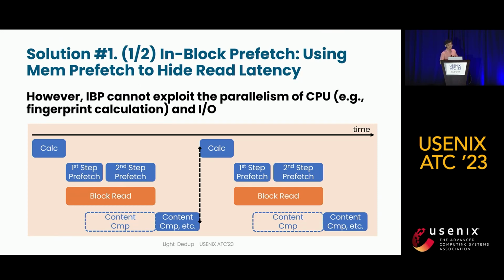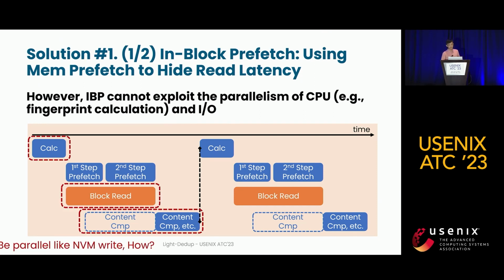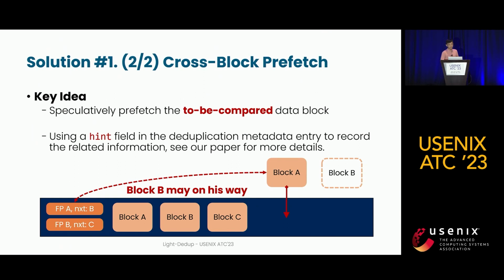However, IBP cannot fully exploit the parallelism of CPU computation and NVM I/O. For example, fingerprint calculation fails to be leveraged to hide the read latency. Our question is how to make this fully parallel like NVM write. To address the problem, we further propose cross-block prefetch, CBP.